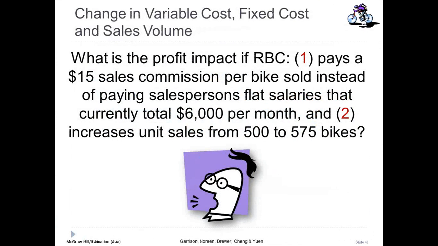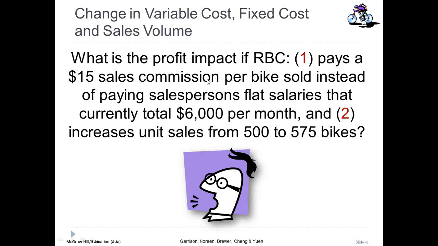Let's do another example. What is going to be the bottom line impact if we do two different things? We pay a sales commission, so we motivate the sales force by compensating their efforts.